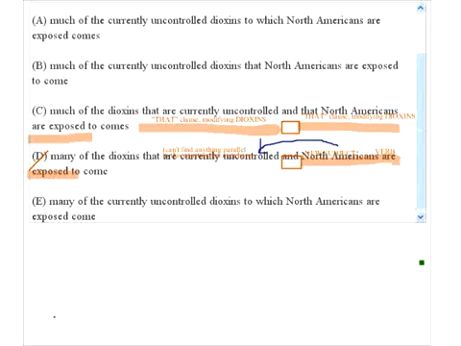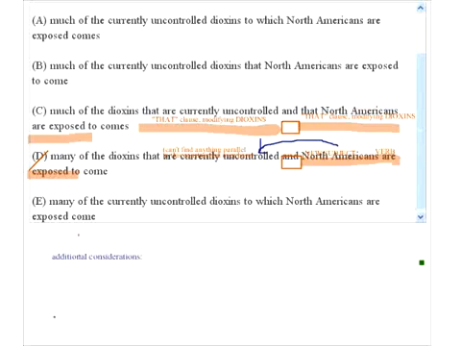Okay, now let me just give you a quick rundown of what's wrong with the other incorrect answers. These are tangents, but still worth looking at. Here's the deal. Here's some additional considerations that you should know.